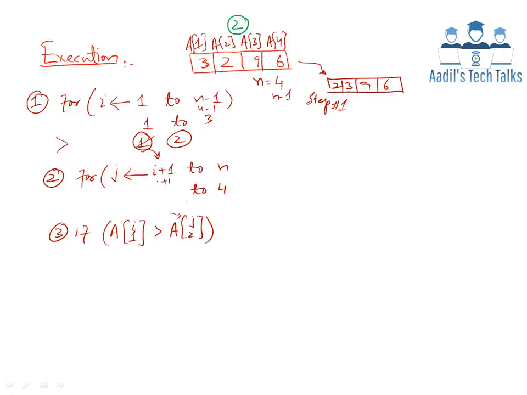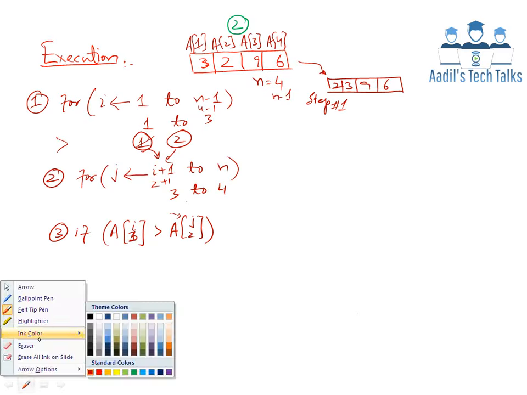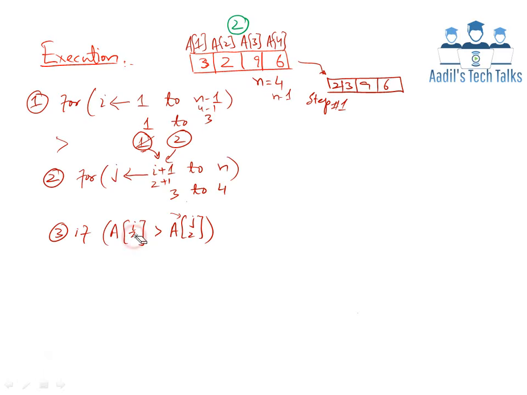Now i value is 2, j value will be from i plus 1 to n, 2 plus 1, 3 to 4. This means the value of i is 2, while the value of j will be 3.